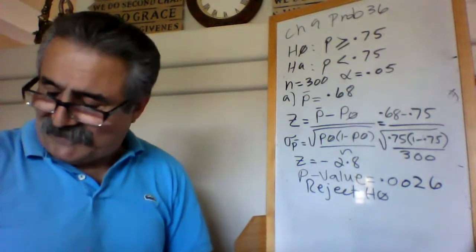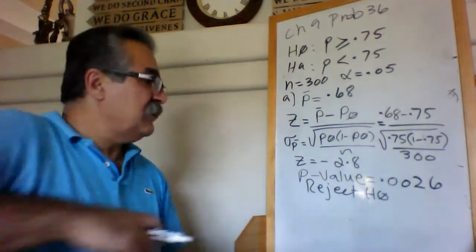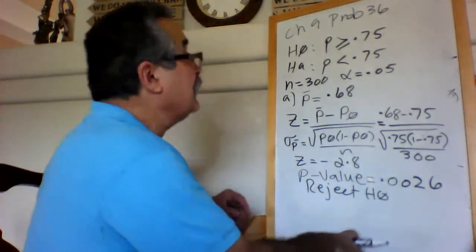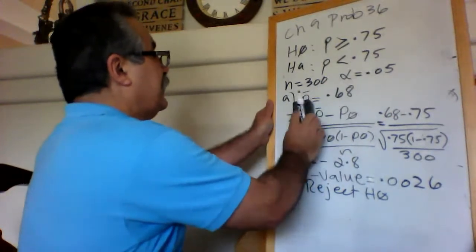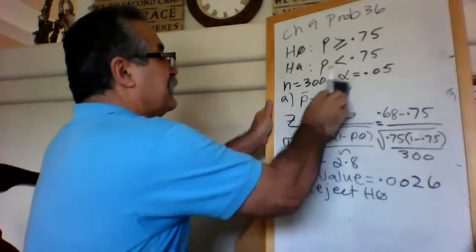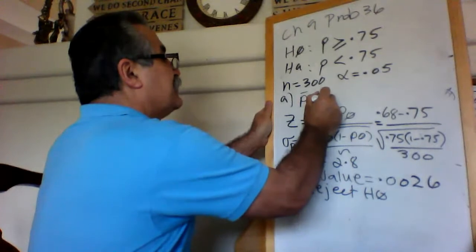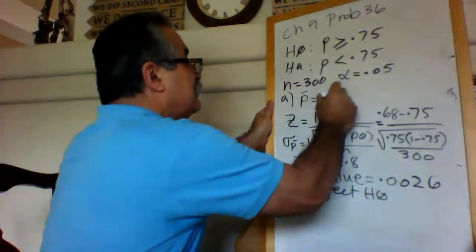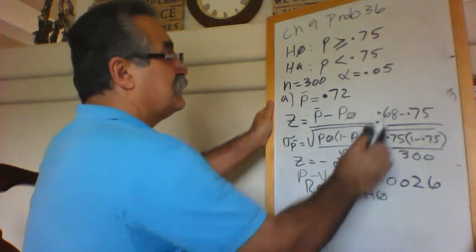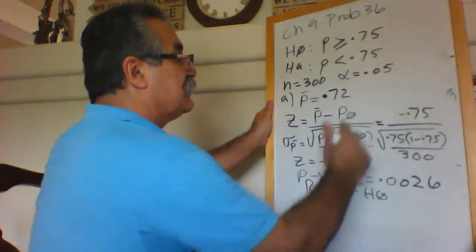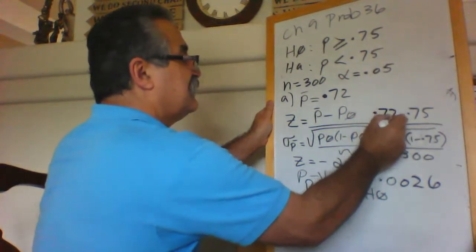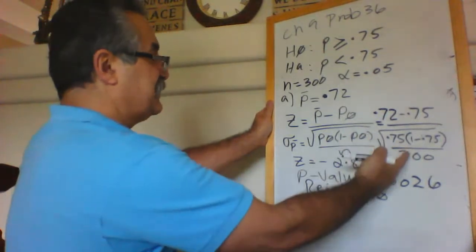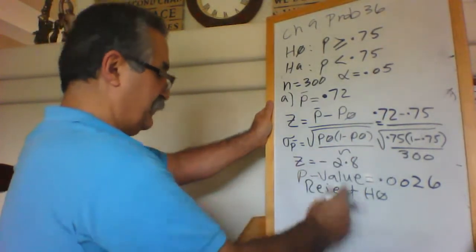Then I do part B as well. So this was for part A. For part B, this is 0.72. This is going to stay the same. That's going to stay the same.